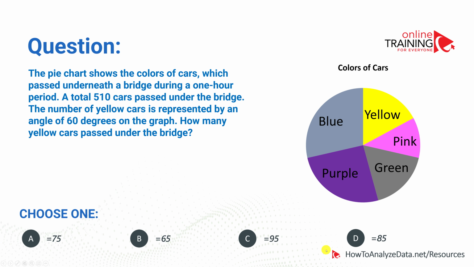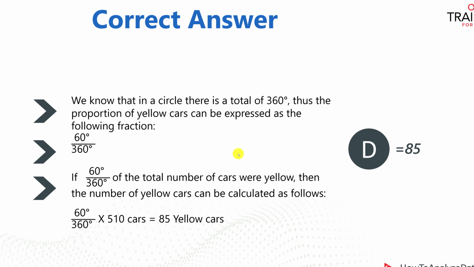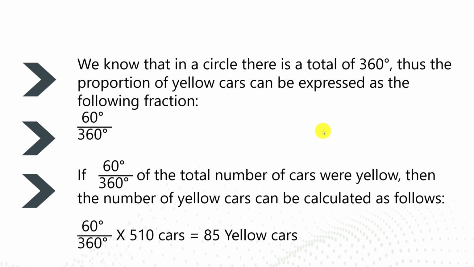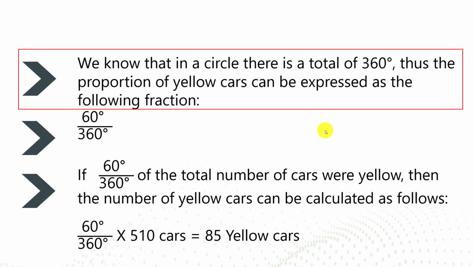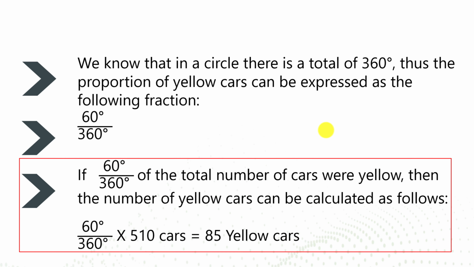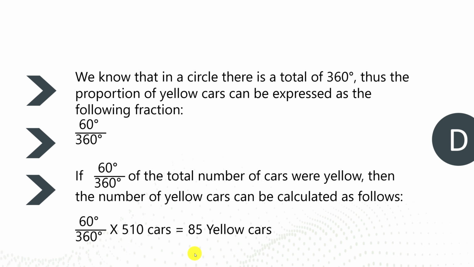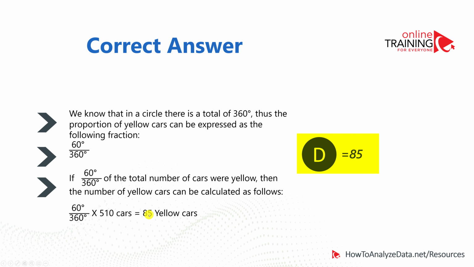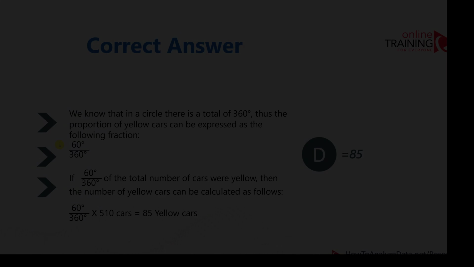So the correct answer here is D, which is 85. Let's recap. We know that the circle is a total of 360 degrees, and the proportion of yellow cars can be expressed as 1/6 of 360. When we divide 510 by 6, we get 85, and 85 is the number of yellow cars that passed under the bridge during the 1-hour period. I'm pretty sure you've got this one correctly.